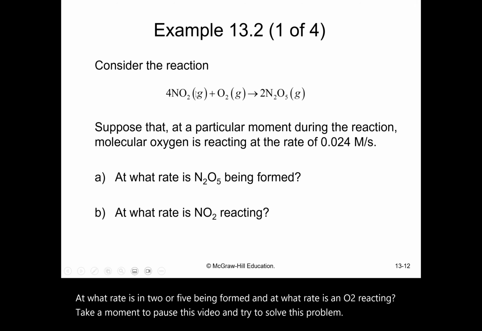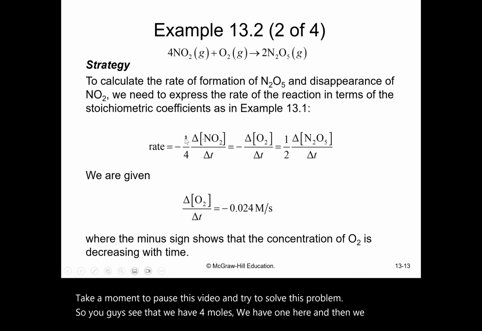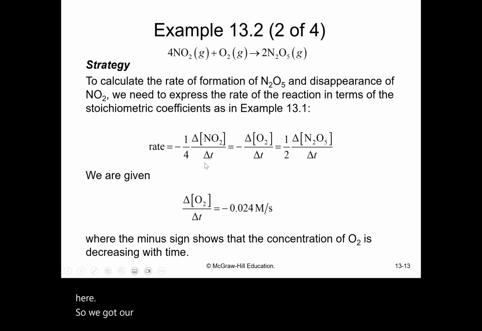Okay, so you see that we have 4 moles of NO2, 1 of O2, and then 2 of N2O5. So we have negative 1 over 1 for the reactant O2, and this is our product, which is 1 over 2 delta N2O5.